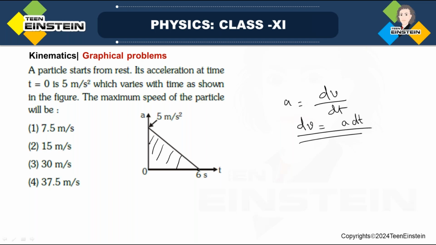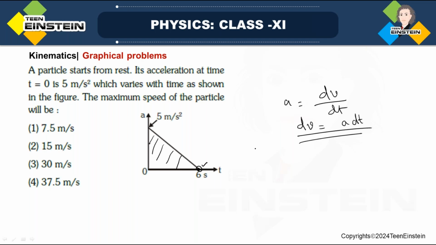The velocity will not increase further at this particular position. So the velocity will be maximum at this 6 seconds itself. After this, the velocity will be uniform.